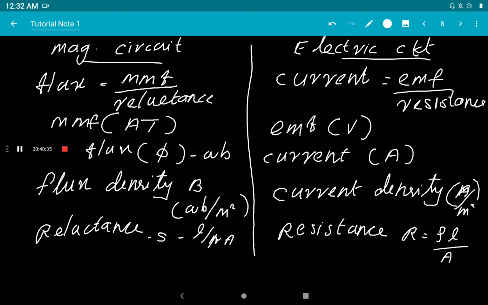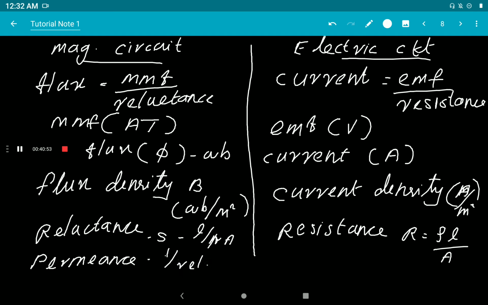And another term we studied is permeability or permeance. Permeance is inversely proportional to reluctance, 1 by reluctance.